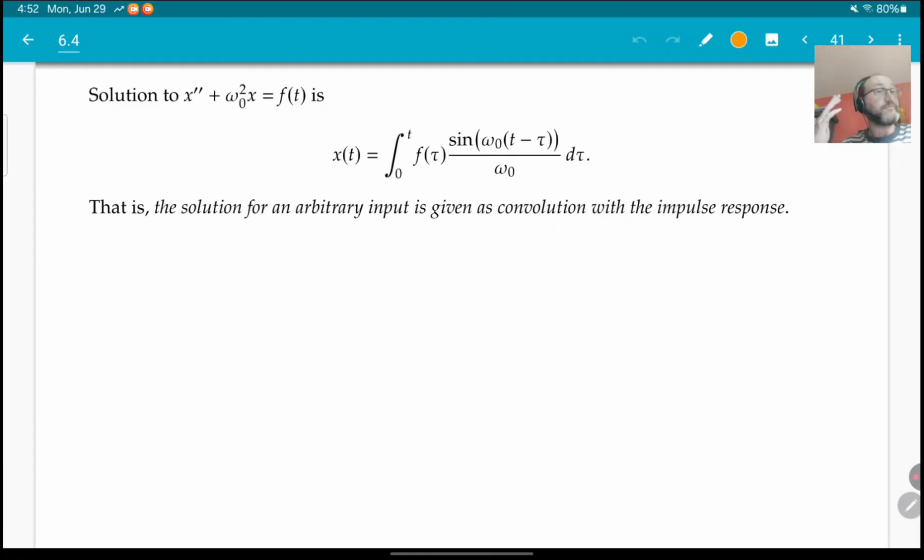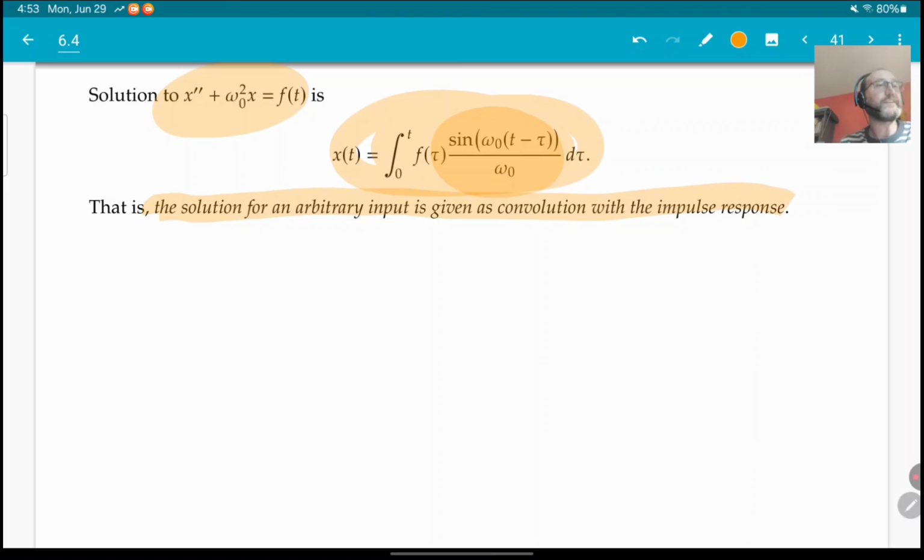Now, we know that the solution to this equation for any continuous f was given by this formula. That's what we saw in the convolution section. But this guy is the impulse response. So the solution for an arbitrary input is convolution with the impulse response.